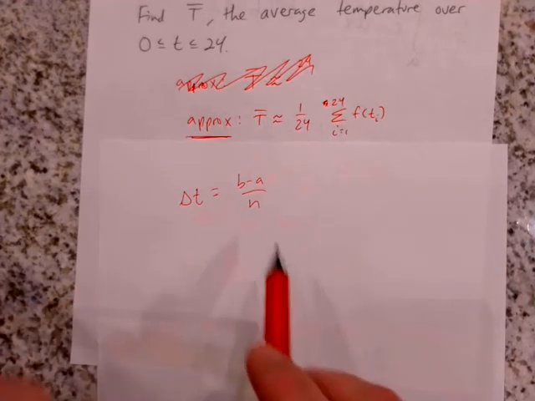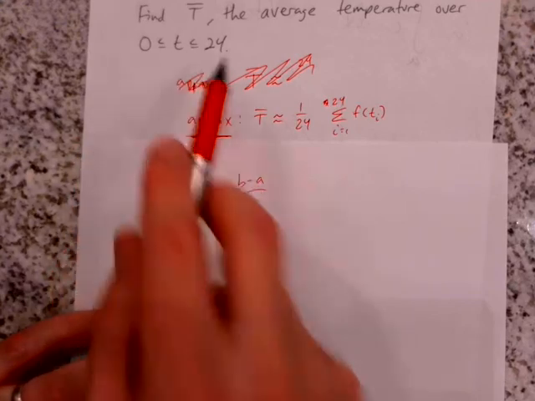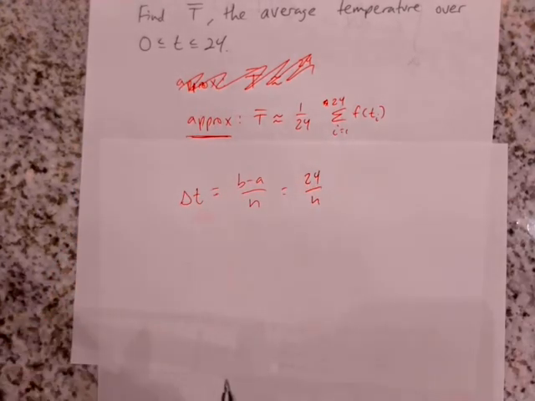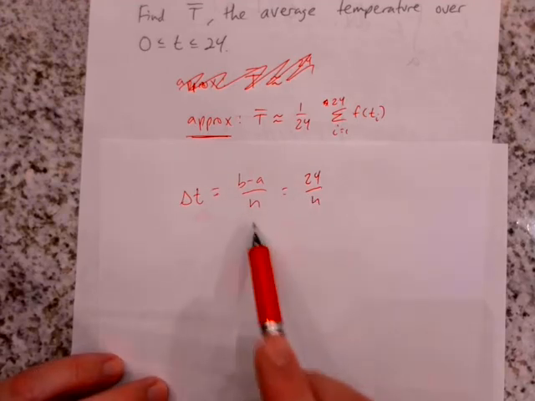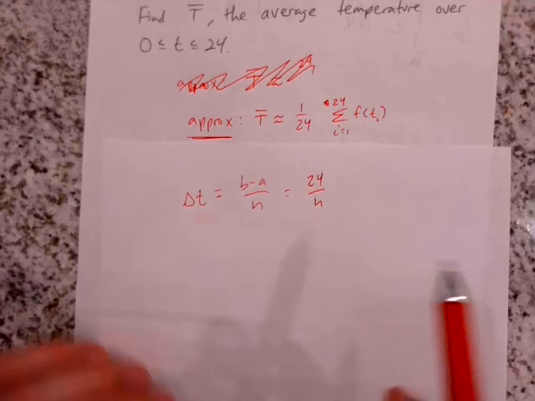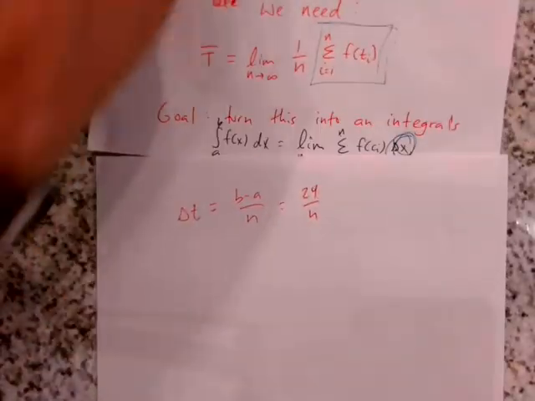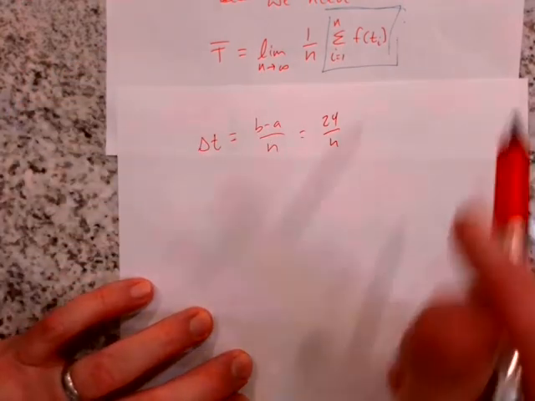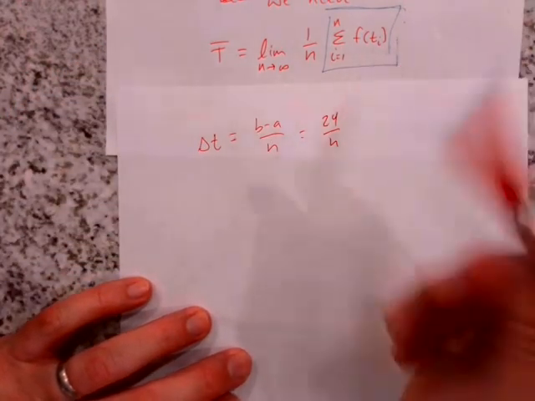In this particular case, b and a are 0 and 24, so it's 24 over n. And what we want is to put this at the end of our expression. So I'll just shuffle some stuff around. We left off right here. We need a delta t there, so we put one there.